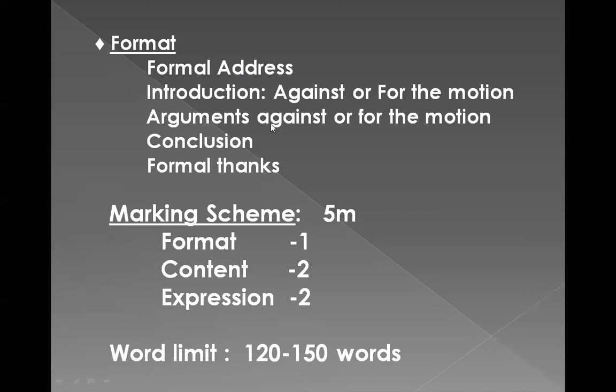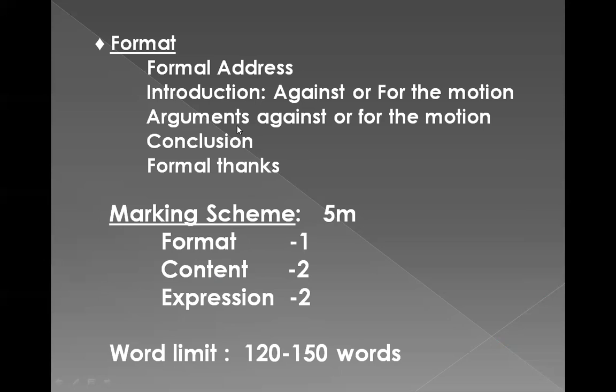Then the arguments are presented according to the choice of the subject, that is, whether for or against. And then, along with arguments, the speaker is also required to give his points of justification. That is, he is also required to contradict the opponent's point of view. And then, in the end, conclusion is to be given.